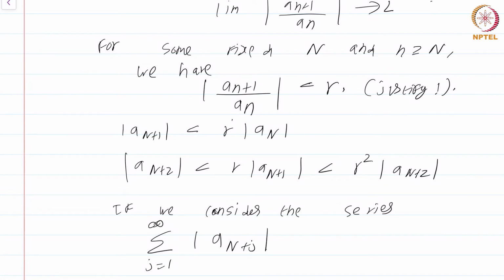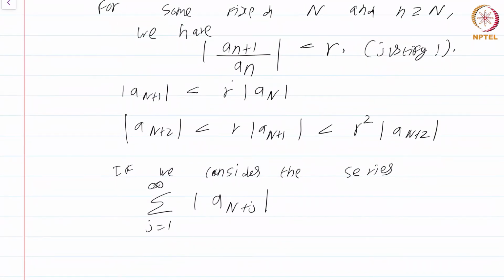If I consider this new series, then I know that 0 is less than or equal to, let me call this new series c_j, 0 is less than or equal to c_j, and c_j is strictly less than r to the j times mod a_n.